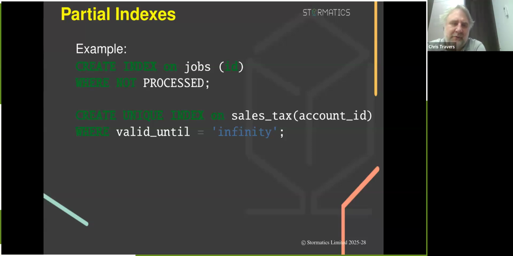Because we only want one rate that we expect to last forever, we could create a unique index on that account ID where valid until is equal to infinity.